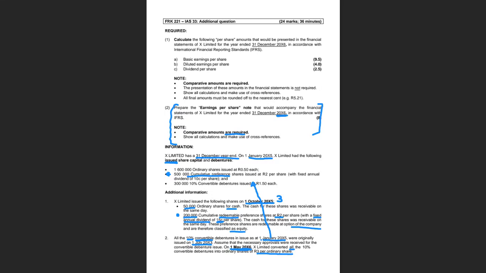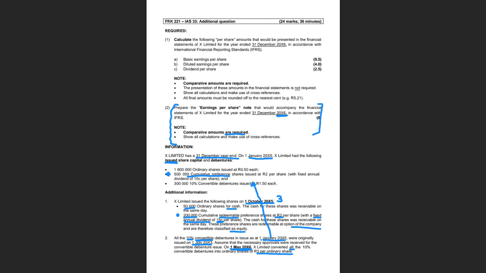Now, in the past, when we had these debentures, you'd read in your questions that for every 10 debentures you're going to get 1 share, or for every 3 debentures you're going to get 5 shares, something similar. In this specific example, it's slightly different. I want to show you what they mean.